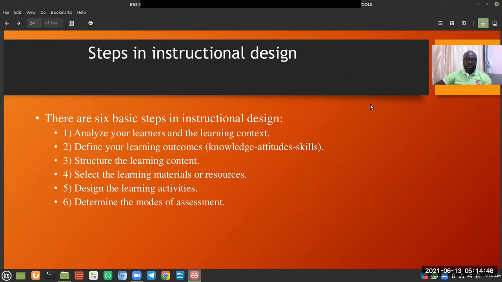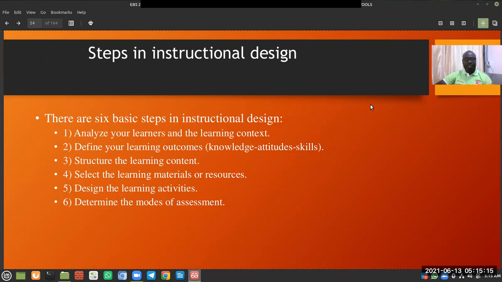These steps are as follows. 1, analyze your learners and the learning context. 2, define your learning outcomes. 3, structure the learning content. 4, select the learning materials or resources. 5, design the learning activities.